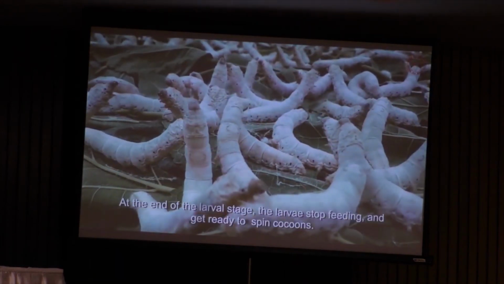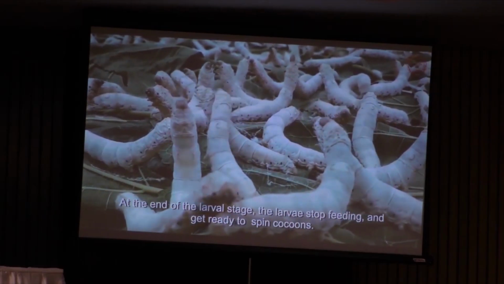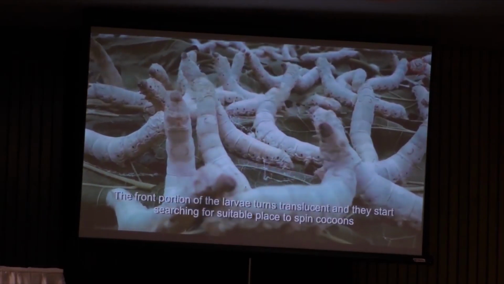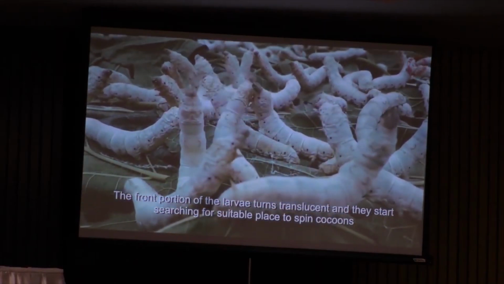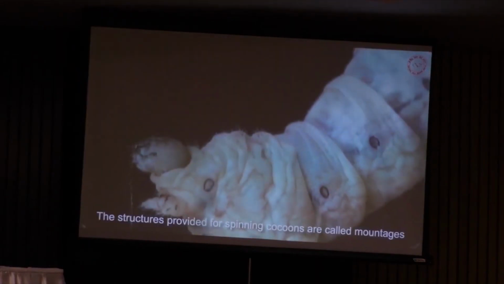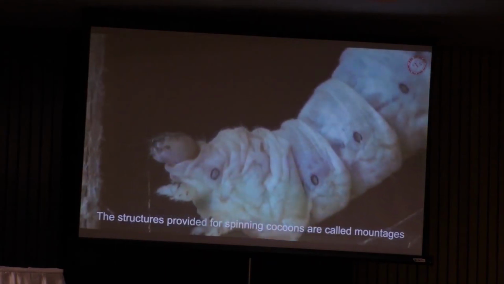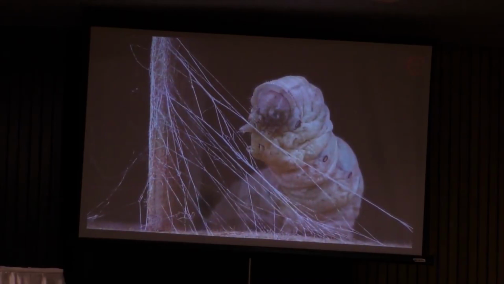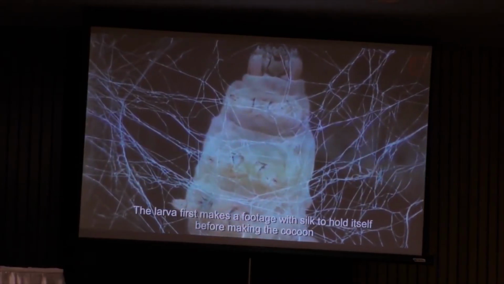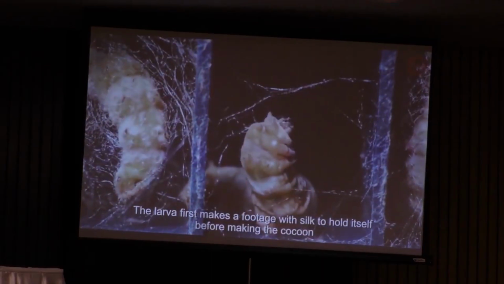At the end of larval stage, the larvae stop feeding and get ready to spin cocoon. The front portion of the larvae become translucent and they start searching for suitable place to make cocoon. The structures provided for spinning cocoon are called mountages. The larva first makes a footing with silk to hold itself before making the cocoon.